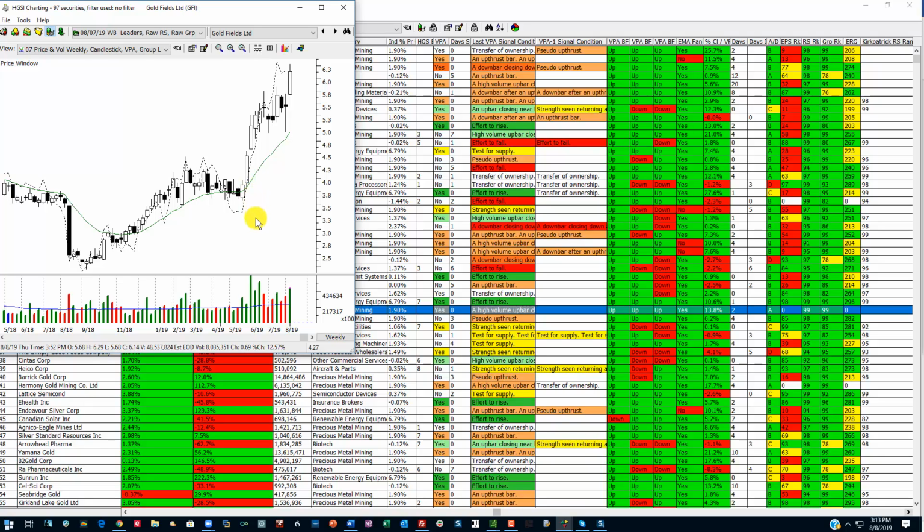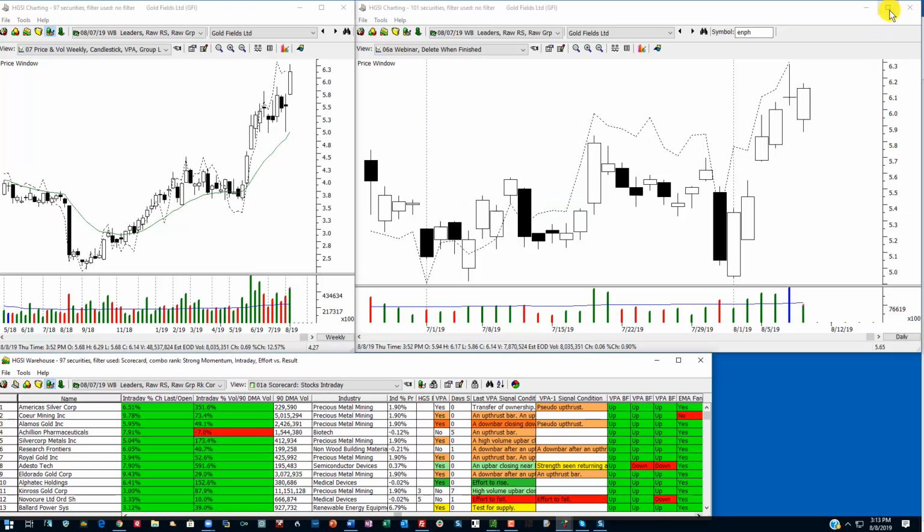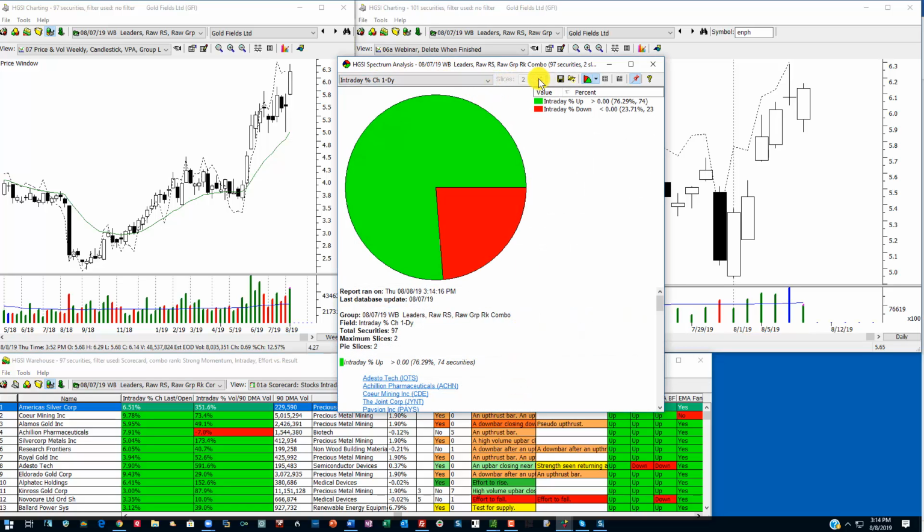But you're going to find more often than not that the groups are extremely powerful. And when you get in a market like this, which has been choppy to say the least, and we could see it reverse tomorrow as much as it went up today, it's always good to be in the strongest groups. Now let me bring this back up.